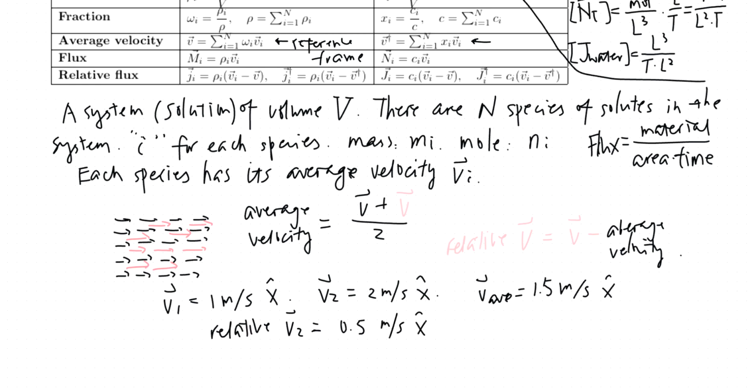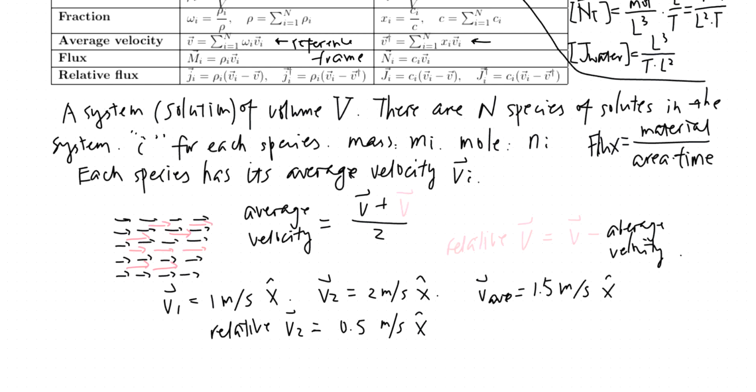So for the two species V1 and V2, suppose they have the same fraction, let's say a half. Then the bulk appears to move at 1.5 meters per second. And since V2 moves a little faster, its relative velocity is 0.5 meters per second with respect to the bulk.